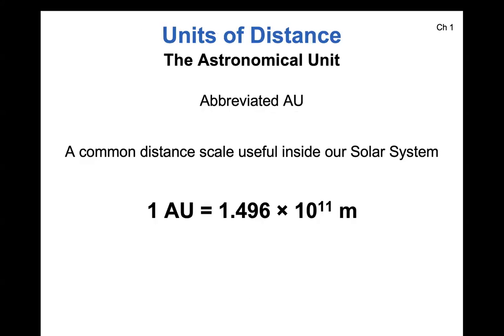And it's also directly related to Earth because it's the average distance between Earth and the sun. I say average because our orbit around the sun is an ellipse, not a circle. So sometimes we're closer to the sun, sometimes we're further away by a distance of about 4 million kilometers.